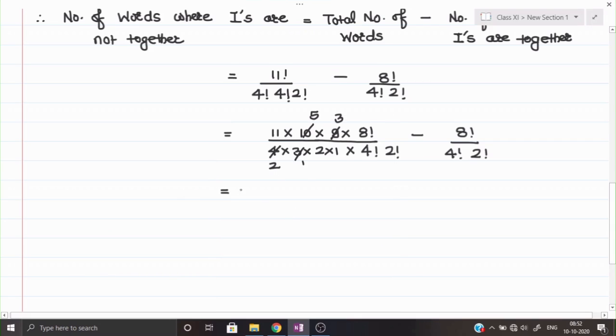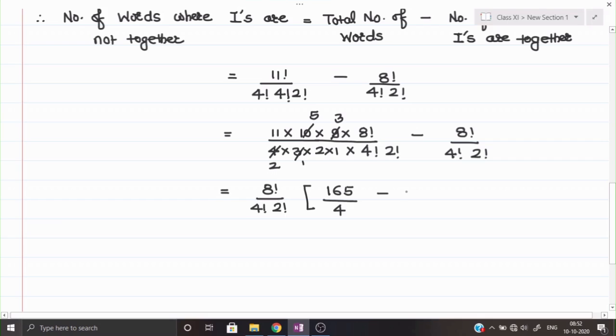So first of all we can take factorial 8 upon factorial 4 into factorial 2 common. What is remaining here? If we have cancelled 10 and 4, so remaining is 5. So 11 into 15, that will be I think 165. So 165 upon 2 into 2, 4.